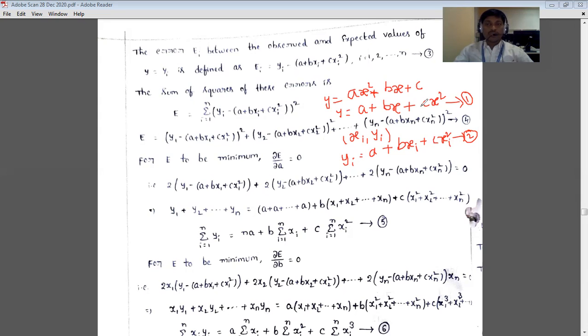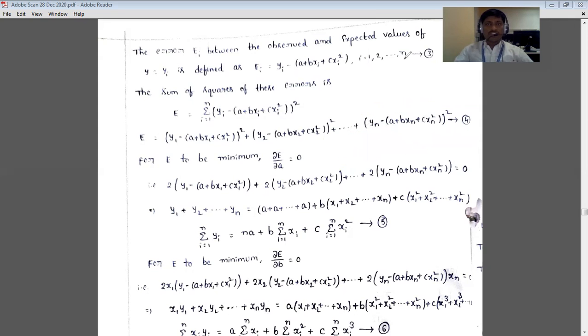This is the actual one and this is the calculated one. Obviously between the exact and calculated values some error will exist. The error ei between the observed and expected value of yi is defined as yi minus of a plus bxi plus cxi square.